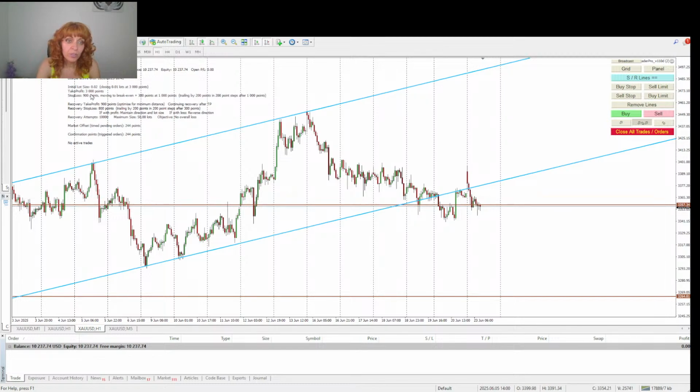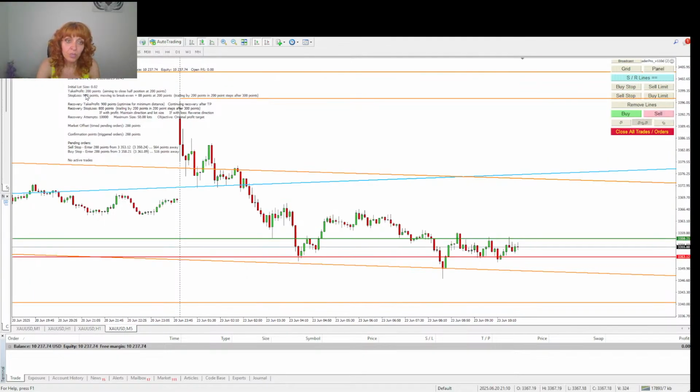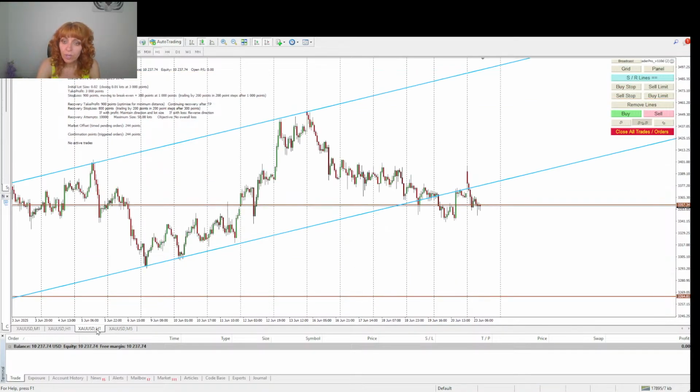You can see on the screen at least that, for example, take profit here, I have 3,000 points, right? Compared to this one where it's only 200 points. So you can open as many windows as you want, place as many EAs as you want. You just need to change the magic number, the reference number it's called on this one, and put in any settings.